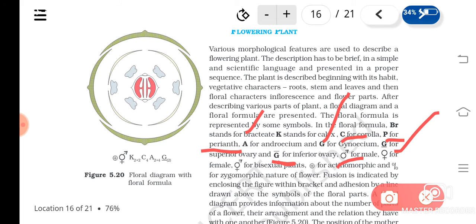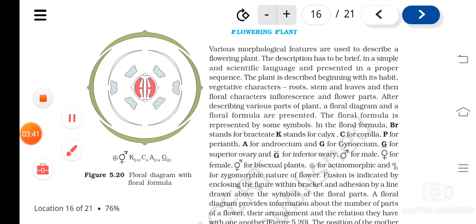And if the flower is male, meaning only androecium is there, it will be represented by this symbol. And if the flower is a pistillate flower, meaning a unisexual flower with only the female part or gynoecium, then we use this symbol. And if the flower is bisexual, meaning both the sexes are there, then we represent it by this symbol.